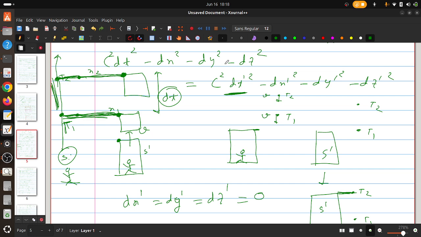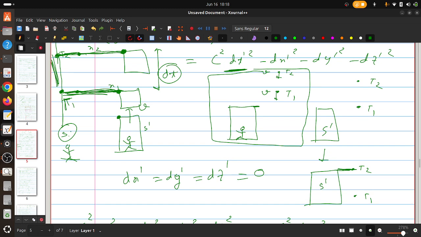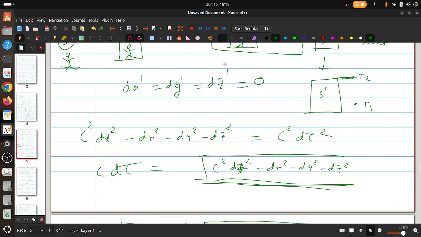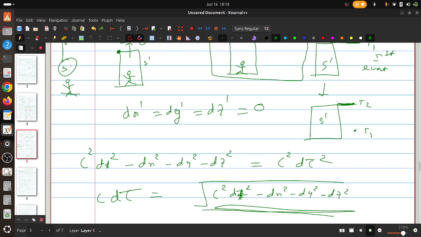But what is happening in the S prime frame is more interesting. In the S prime frame, the car is static, but the trees are moving. That is illustrated here: the car is static and T1 and T2 are moving. So where are the two events? The first event is when the first tree comes here, and the second event is when the second tree is aligned with the car's front end.